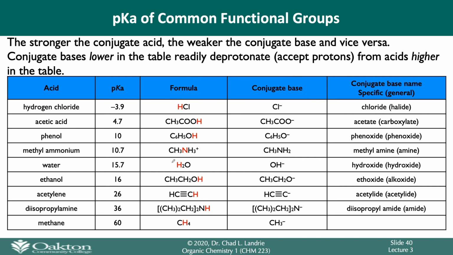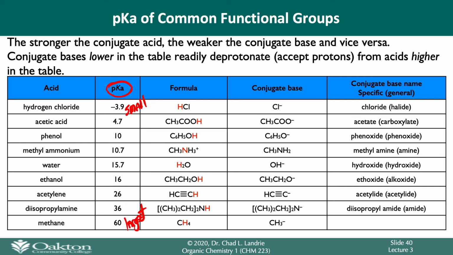Another important point I want to make about this table is if you organize the table according to pKa, in other words, we have the smallest pKa at the top and the largest pKa at the bottom, then we can make some conclusions about conjugate acids and conjugate bases. So small pKa means strong acid.